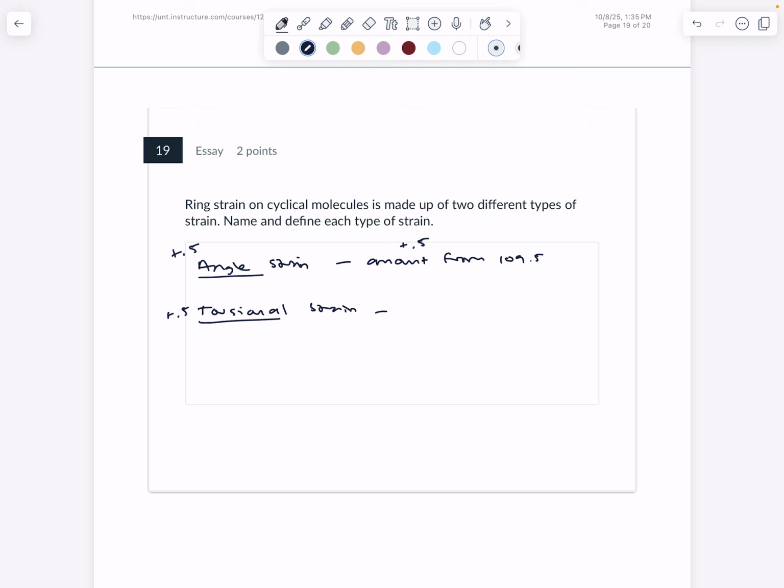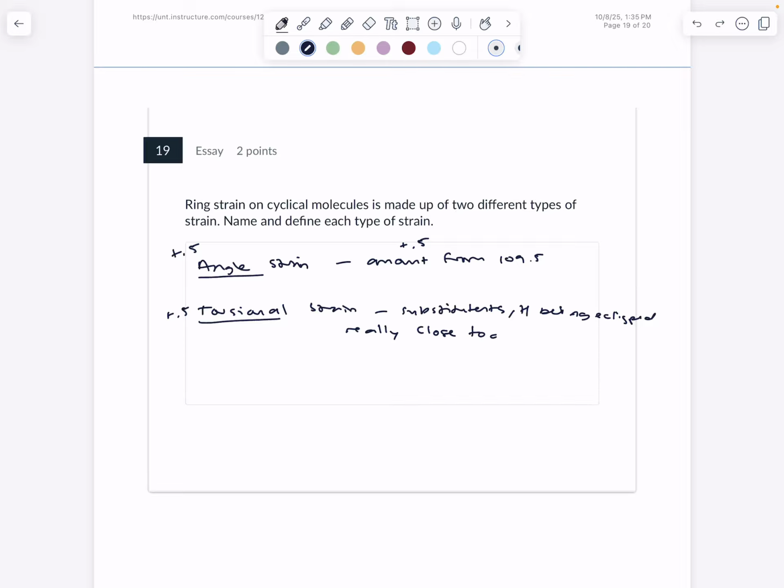And then for torsional strain, that is, I think, a little bit harder to describe, but it's essentially if your substituents or hydrogens, however you want to say it, if it's just basic, so you just have hydrogens, being eclipsed or being really close together, those are going to repel each other.